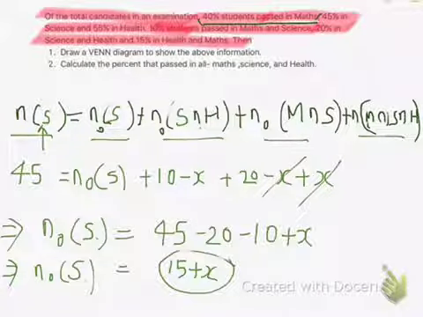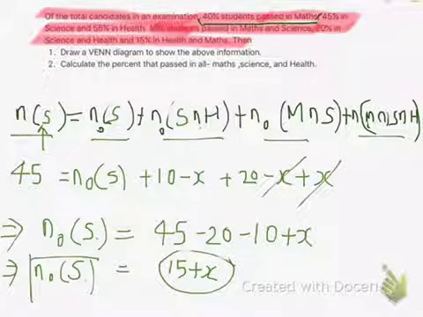To calculate only S, I've used a similar method, the same as only M. If you couldn't grasp this, please pause the video, look at it, and try to solve it yourself.